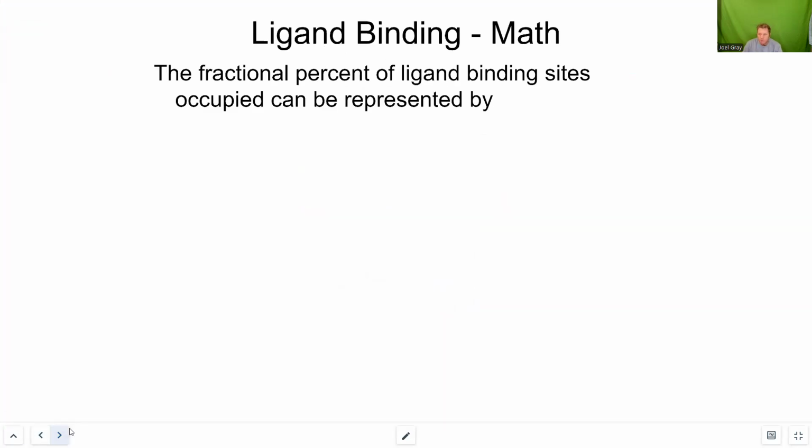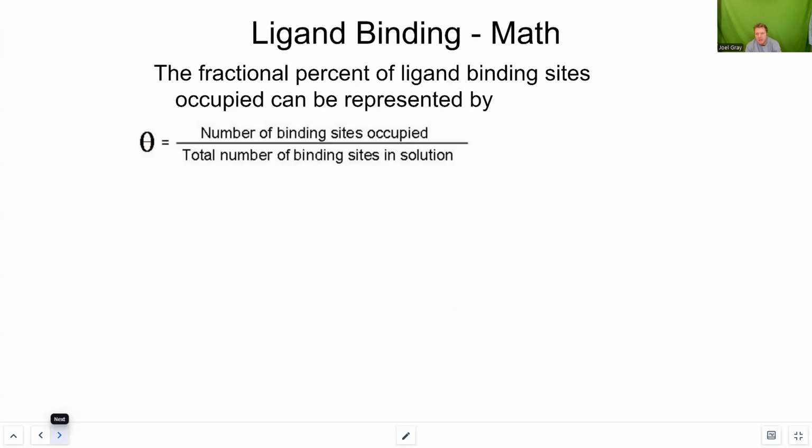Now, what we are very interested in, and this is going to be our foundation, is the fractional percent of ligand binding sites that are occupied and how that can be represented. So we use theta. Theta is set equal to a ratio of the number of binding sites that are occupied and the total number of binding sites in a solution.